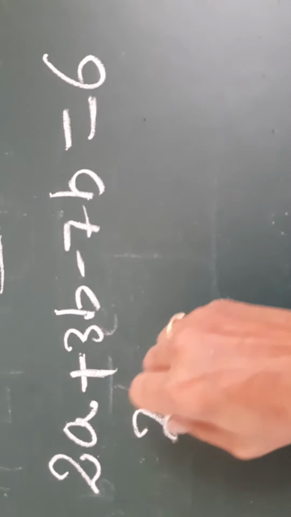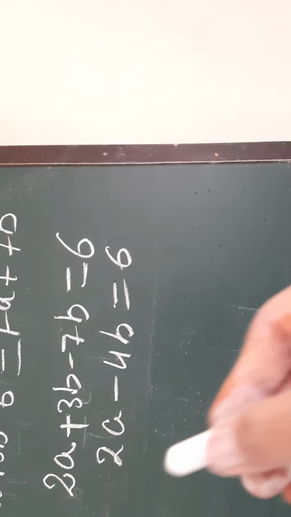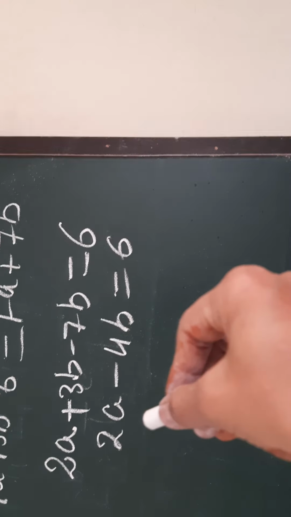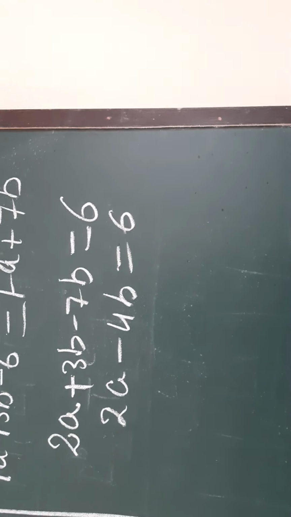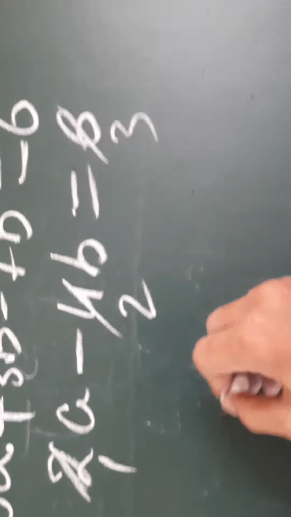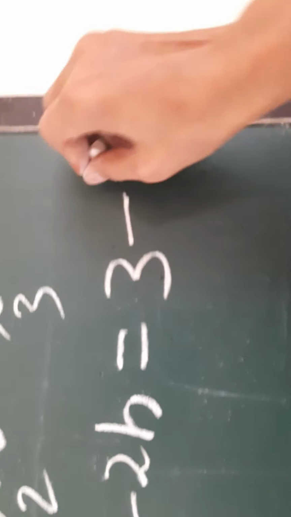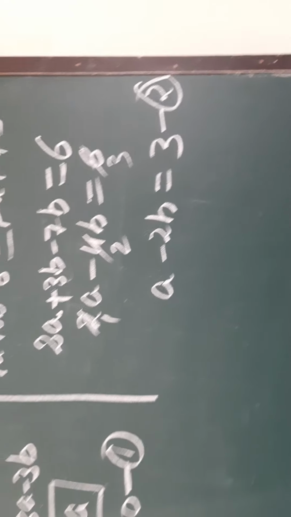So the equation becomes 2a minus 4b is equal to 6. Dear students, you can reduce it as 2, 4 and 6 are the multiples of 2. So 2 1s are 2, 2 2s are 4, 2 3s are 6. The equation becomes a minus 2b is equal to 3. So this is your second equation, right?